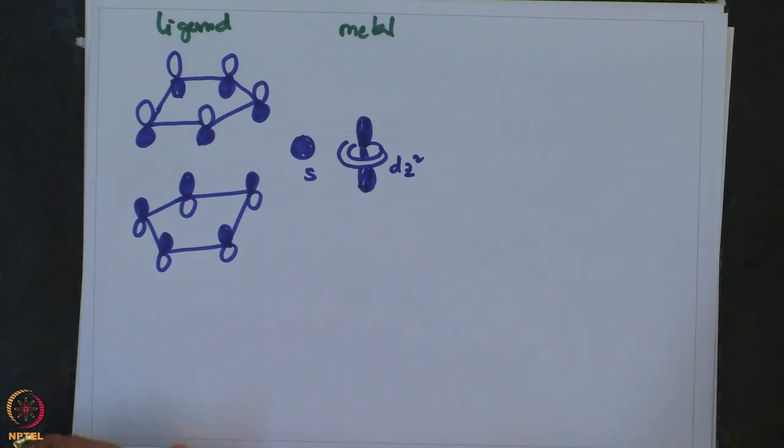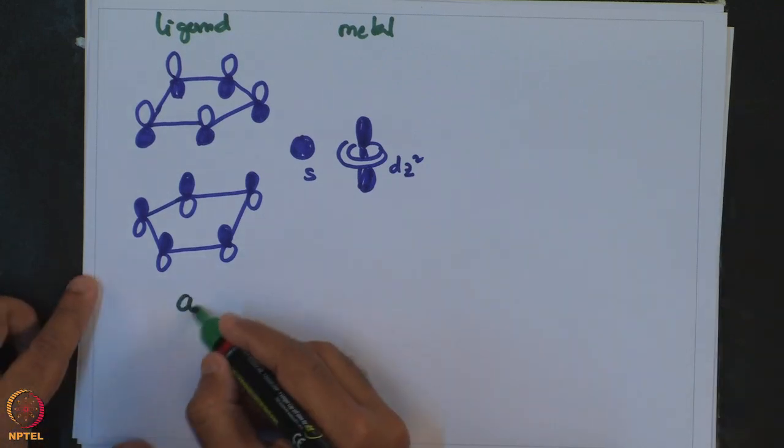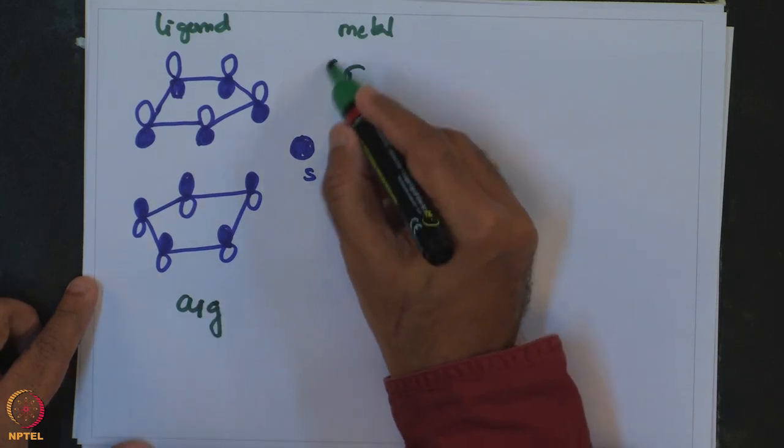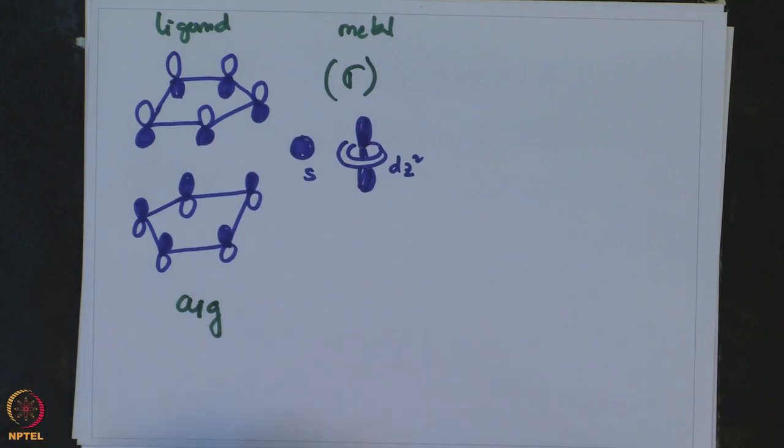Okay, and this is called A1G, and this is a sigma type interaction.